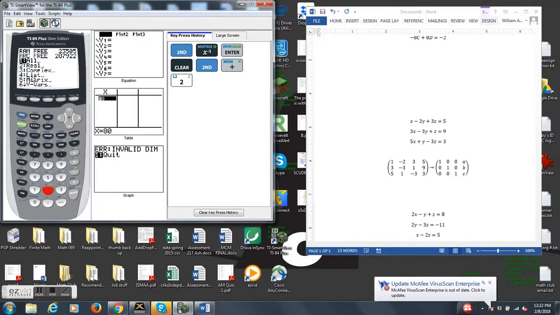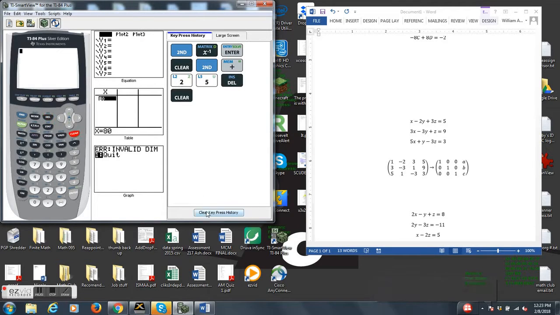Matrix. Delete. Delete. All right. So in the matrix I have 3 things. I have names, that's why I call my matrices. Math, that's why I do stuff. And edit, that's why I put them in. So that's what I'm going to do. I'm going to edit this matrix, and I can just type right over the old one, so I don't really need to delete them like I did.